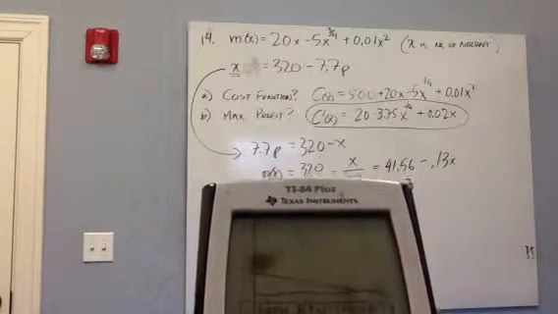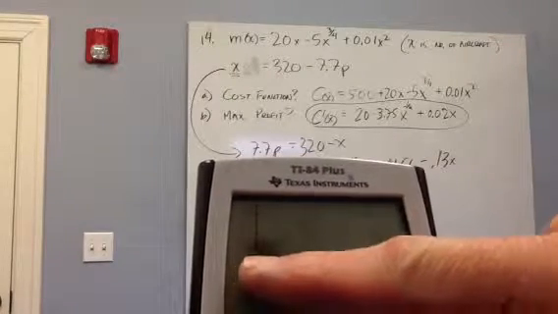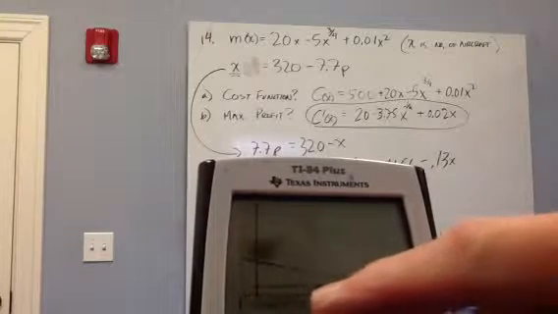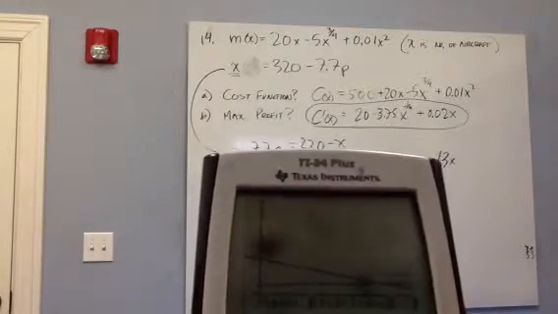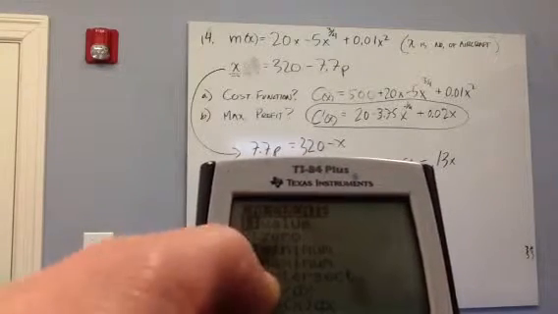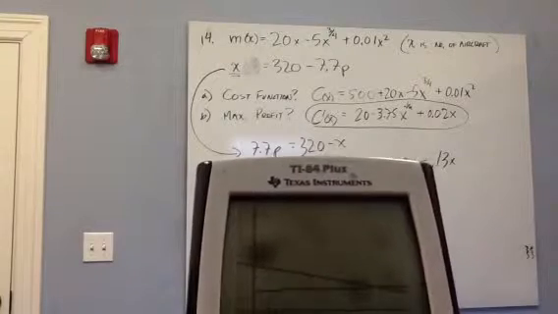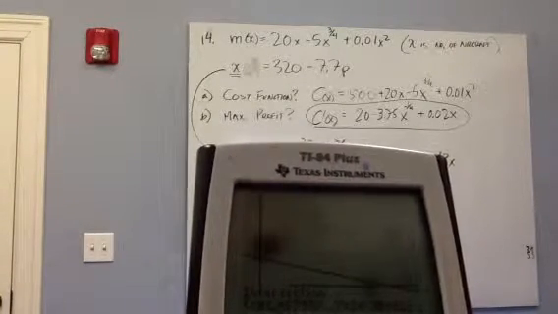So if I press graph, lo and behold, there's the descending marginal revenue, and here's the cost function. I just want to find where they intersect, so I can do second trace, choose option number 5, hit enter, enter, enter, and it tells us that the intersection point is at 81.457.